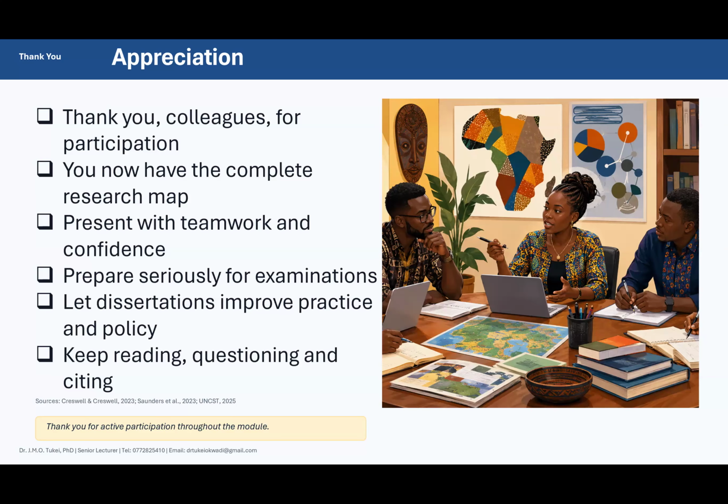Ask clear questions, respect participants, use appropriate methods, report findings honestly, and write in a way that others can understand. Your research should not merely satisfy an academic requirement. It should contribute to professional practice, policy improvement, and the community well-being.